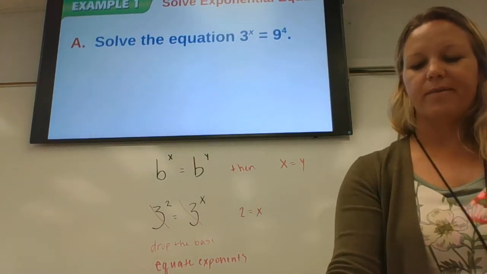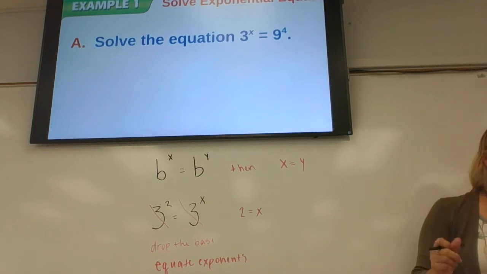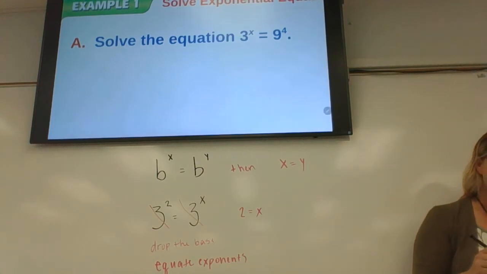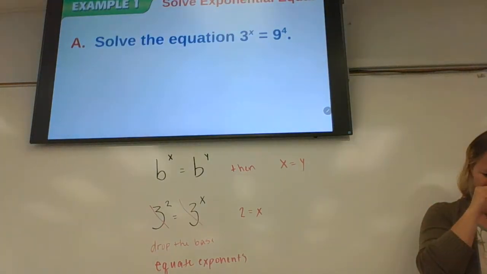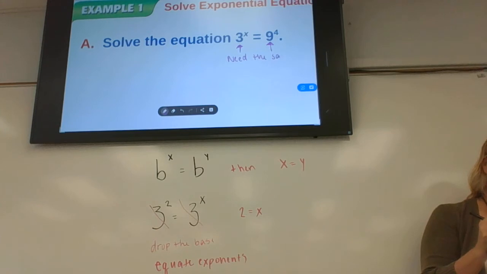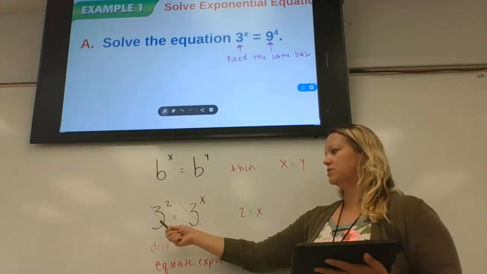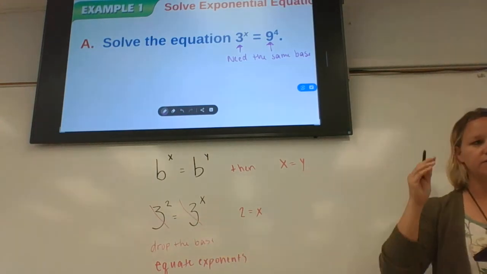I'm going to do this one. So, Torian, what do you think here? Well, since the bases aren't the same, we gotta make them the same. We can rewrite 9 as a simple 3 squared. We need the same base for it to work. Like, we need this situation. So yeah, we're gonna have to rewrite 9.